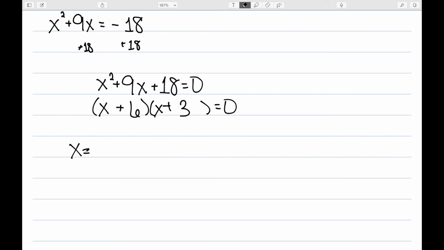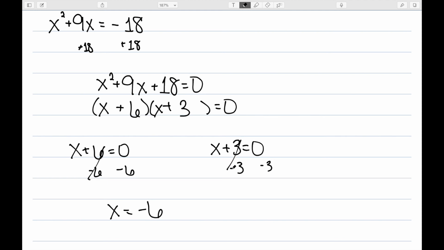So we have x plus 6 equal to 0, or x plus 3 equal to 0. We can subtract 6 to get x equal to minus 6. And we can subtract 3 on this equation to get x equal to minus 3. So my two answers are negative 6 and negative 3.